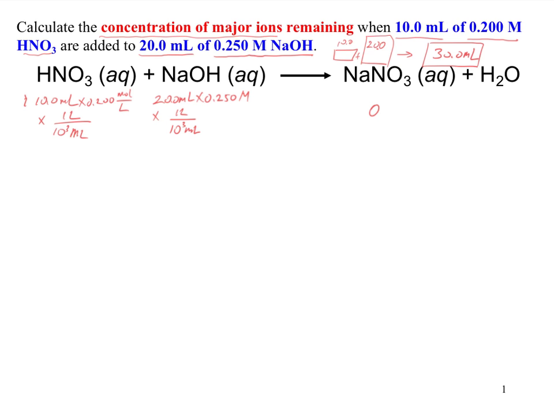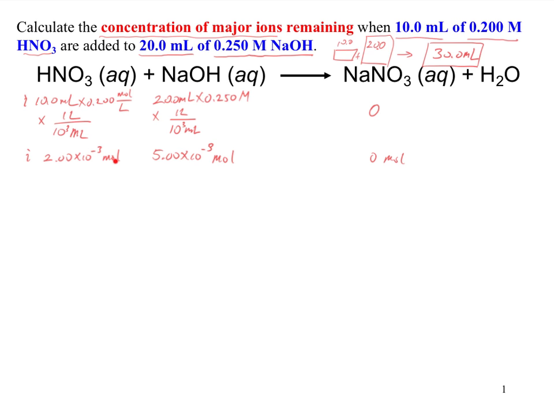Okay, then we do the calculation. Initially, we have 2.00 times 10 to the negative 3 mole of nitric acid, and 5.00 times 10 to the negative 3 mole of sodium hydroxide, and 0 mole of sodium nitrate. And because this is a 1-to-1 ratio, and we have different mole numbers of acid and base, we can see that here nitric acid is the limiting reagent.